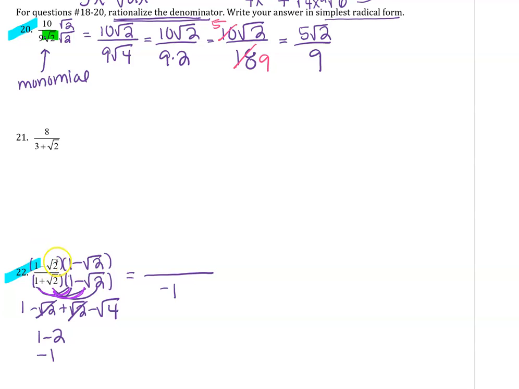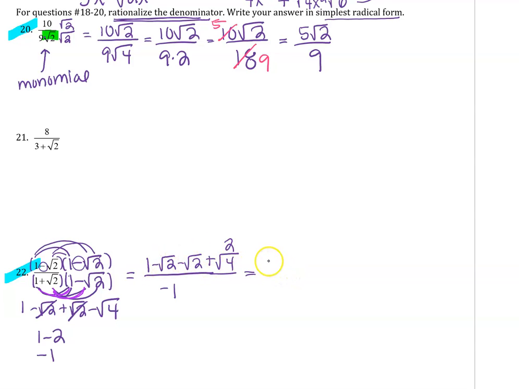In the numerator, these are not conjugates because they have the same signs, not opposites. So you have to completely FOIL out here. So 1 times 1 is 1. Then I get a minus radical 2. Minus radical 2 plus radical 4. Now, these are not opposites with a negative sign. Those are exactly the same. So keep in mind this is 2.